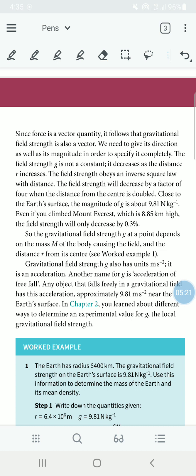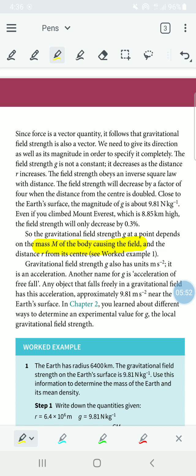The gravitational field strength g at a point depends on the mass m of the body causing the field. That is the point that you need to understand. So if you are talking about the earth and another object, the earth causes the gravitational field on the object, if that is the way you are going about it.